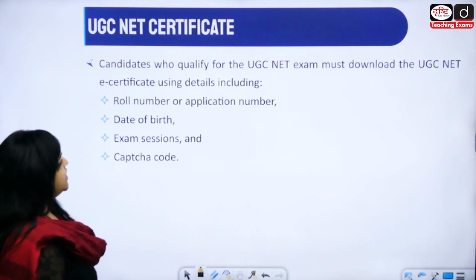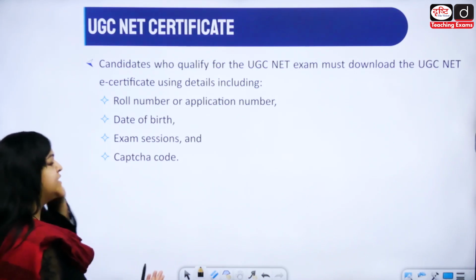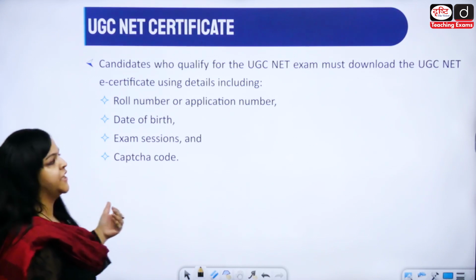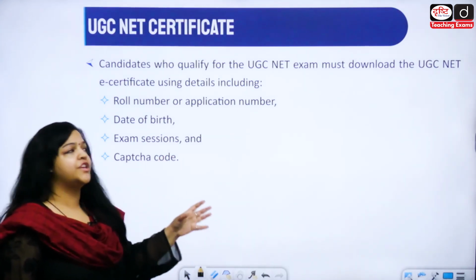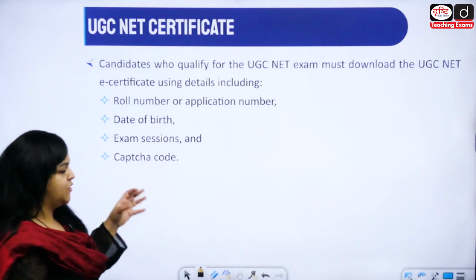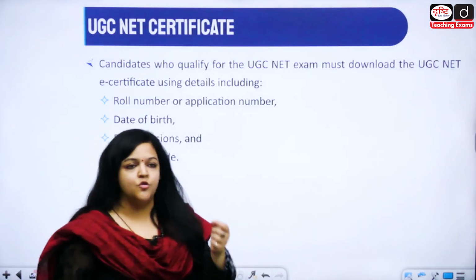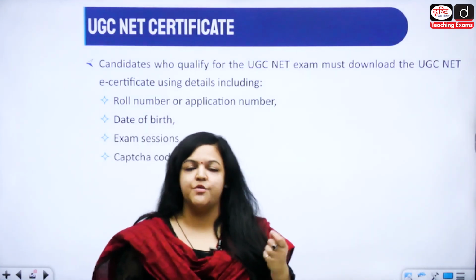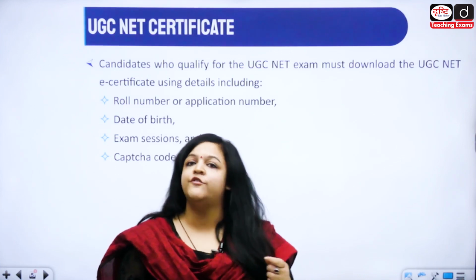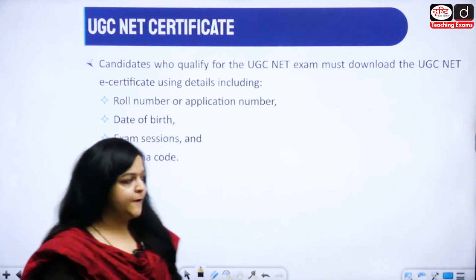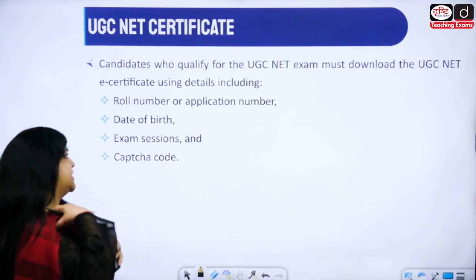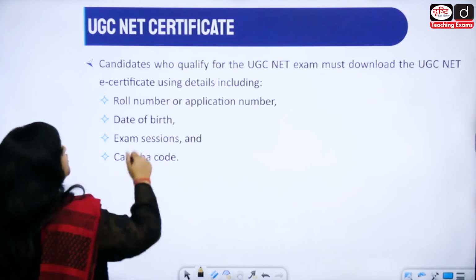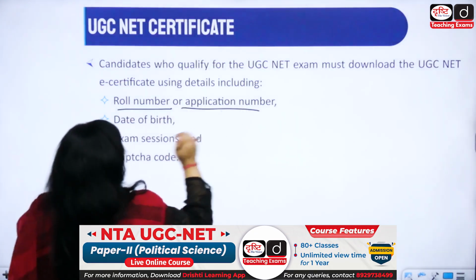Now, how do you download the certificate? As in, what details can you use to download your e-certificate? Once you've given your exams and you have qualified it, you have to download that certificate. You can download that certificate using roll number or application number.